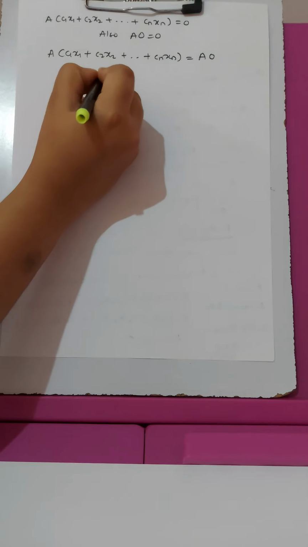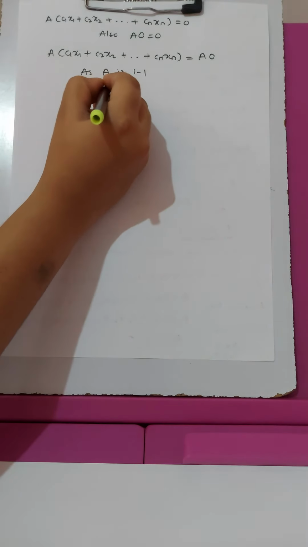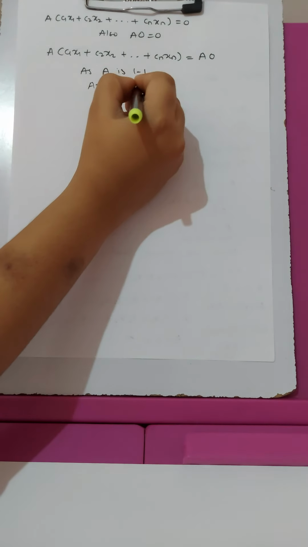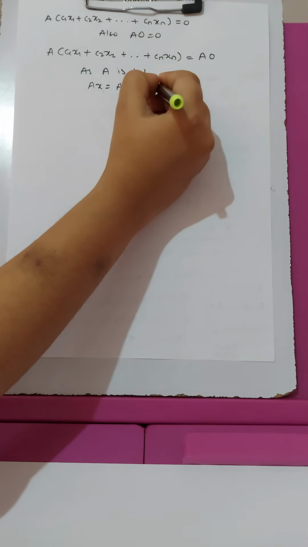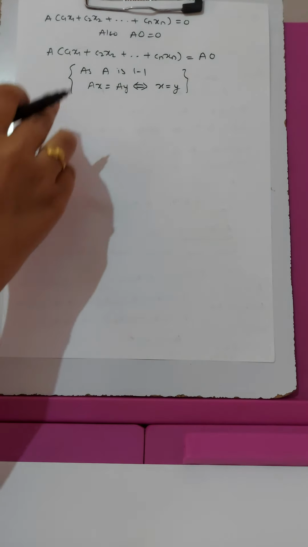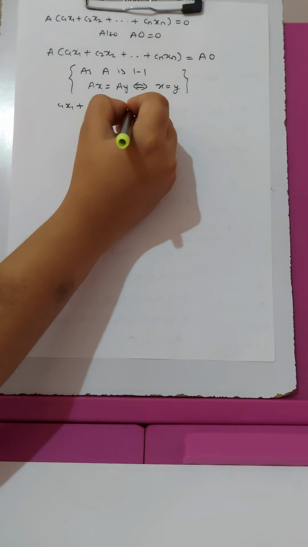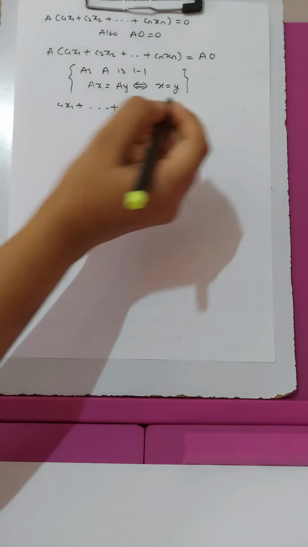Now as A is 1-1, we know that A of x equals A of y implies that x equals y. This is the condition of 1-1. Therefore here C1 x1 plus so on Cn xn equals 0.